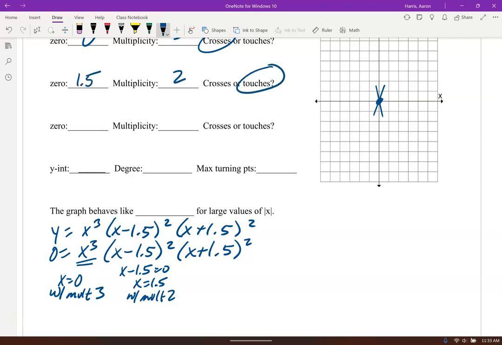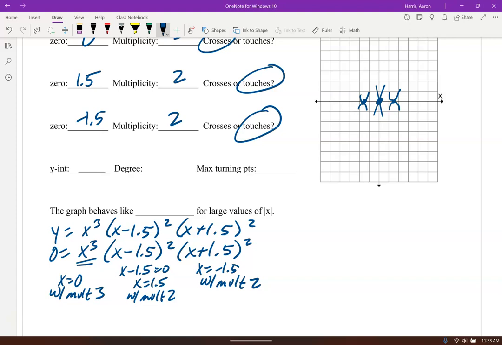So it'll just touch it, either from the bottom or from the top there. The last one would be negative 1.5 with multiplicity 2. So it's also going to touch right there. So it crosses at 0, touches at the other ones.